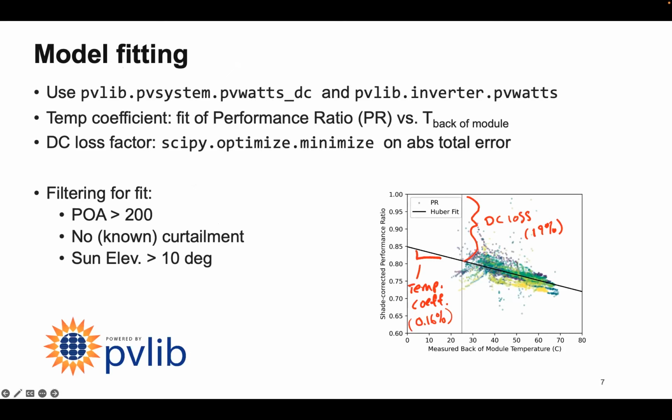We get a guess of a DC loss factor from that, but then we optimize to reduce absolute value of error. And we apply a little bit of filtering. The second one there: no known curtailment. Known is key. I think we might have a little bit of curtailment sneaking into our data, which I'll talk about in a little bit, or some other availability issue.